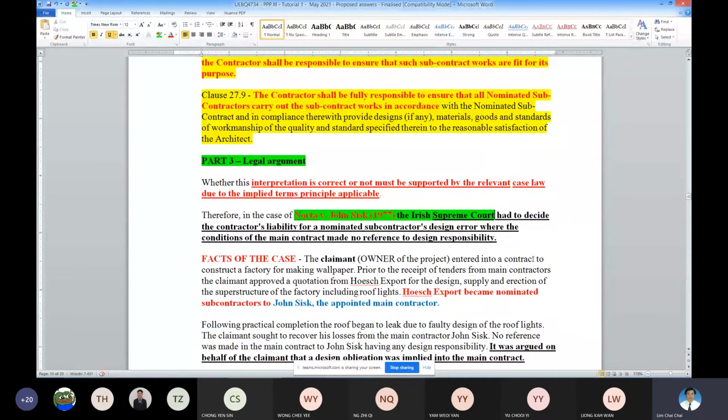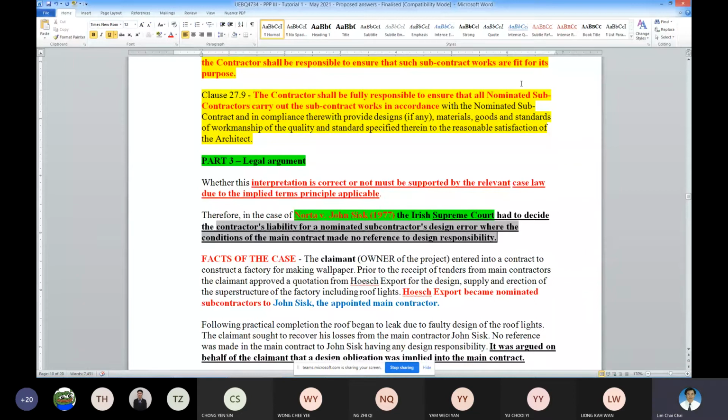Okay, so the judge at the Supreme Court had to decide whether the contractor is liable for NSC's design error, where the condition makes no reference. This is exactly the same as our PAM contract above. Exactly the same. You can see here, the contractor is not going to be responsible. See here?